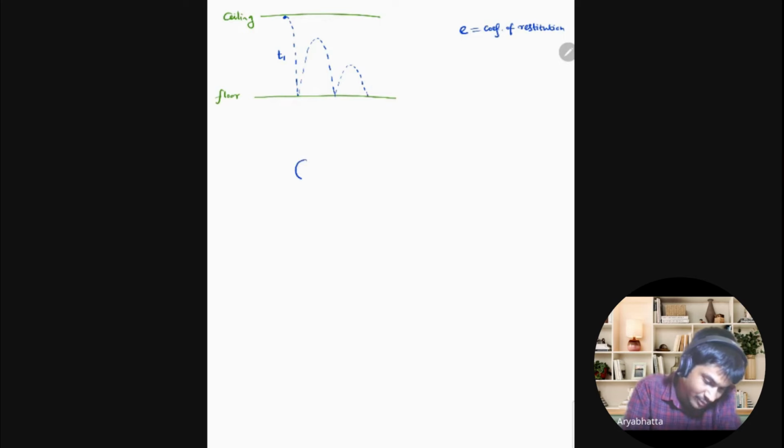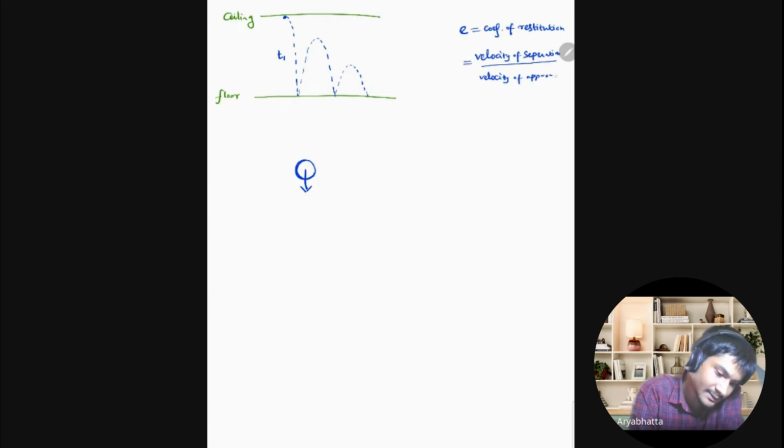First, what is the free body diagram of the ball? Okay, can you explain in detail what the coefficient of restitution is? Yes, the coefficient of restitution is the ratio of the velocity of separation to the velocity of approach.